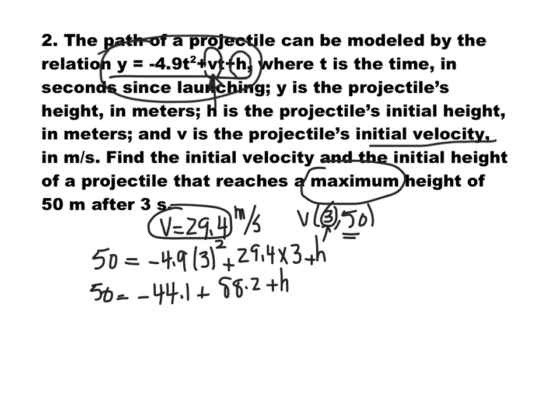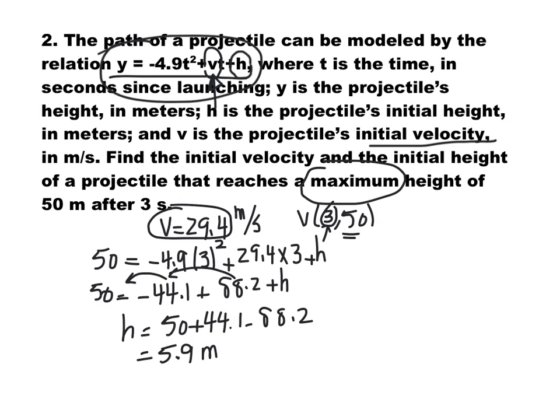Now, if you solve this by moving these terms to the left, I get h is 50 plus 44.1 minus 88.2. If we solve this, we get h is equal to 5.9 meters. So the initial height of the projectile is 5.9 meters, and the initial velocity of the projectile is 29.4 meters per second.